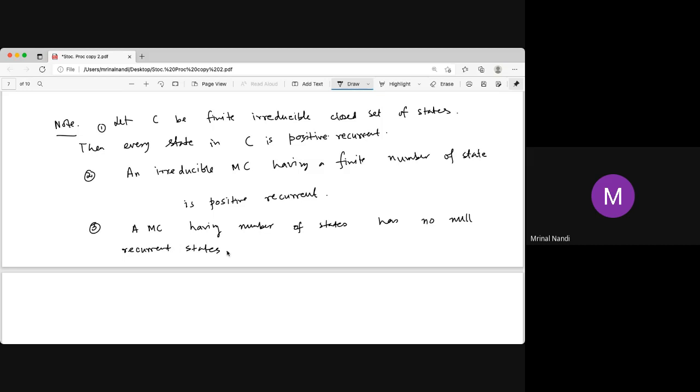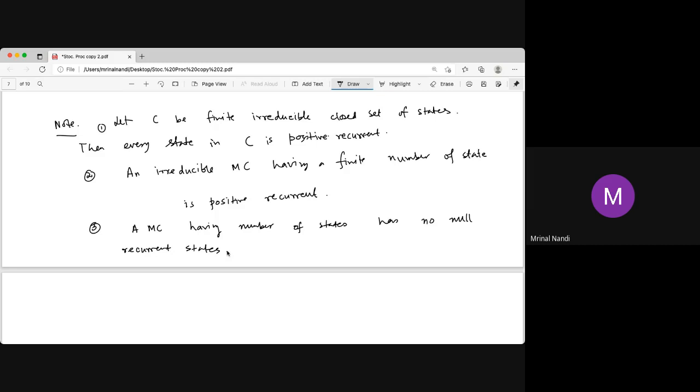Why is this so? Because if there is a null recurrent state, then the irreducible closed set containing that null recurrent state has all states null recurrent. But since this Markov chain is finite, that closed set must be finite. That can't be true, because there must be at least one positive recurrent state. So there is a contradiction.